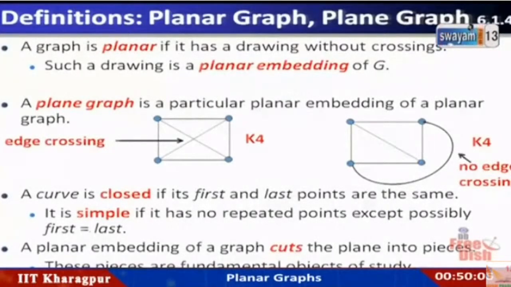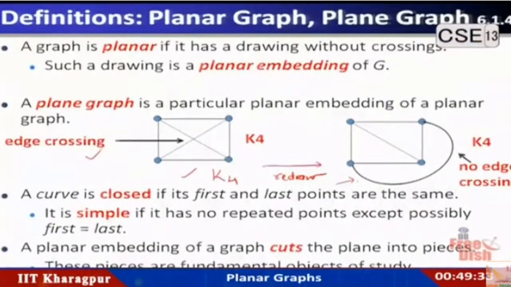For example, this is the graph called K4, where an edge crossing is shown. Now we can redraw this graph using points and curves. All four points are placed, and the straight lines or curves can be drawn. This particular edge we can draw from outside, as we have seen in the previous slide.